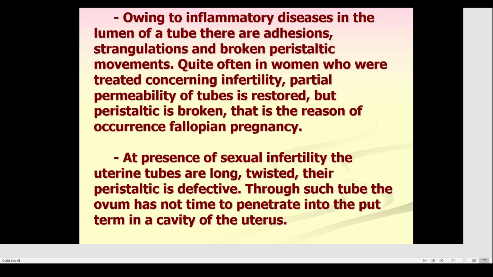That is the reason for occurrence of fallopian pregnancy. In the presence of sexual infantilism, the uterine tubes are long, twisted, and their peristalsis is defective. Through such a tube, the ovum has no time to penetrate into the cavity of the uterus.